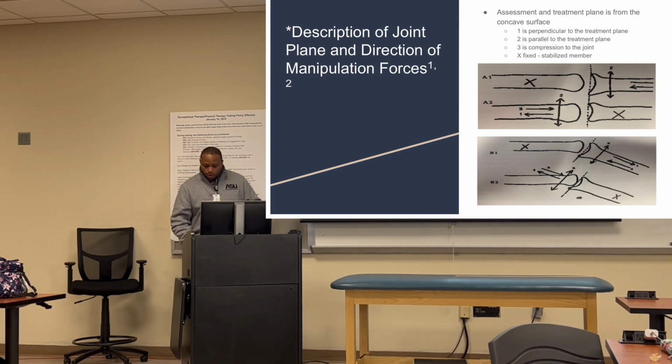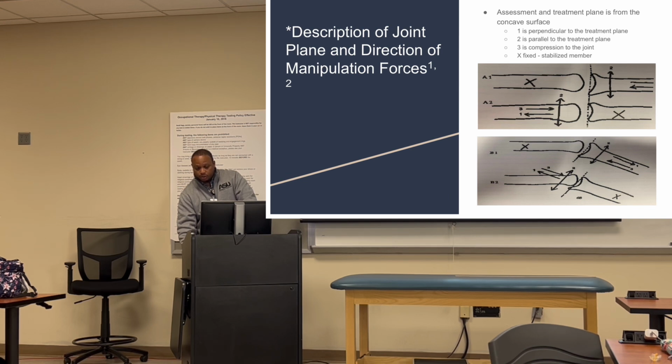If you look at the images, you see these concave surfaces of these articulating joints, and you see the lines that are drawn along those concave surfaces. This is the treatment plane. These little dotted lines represent the treatment plane.